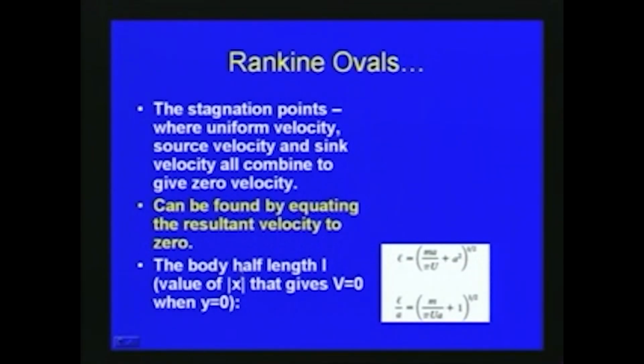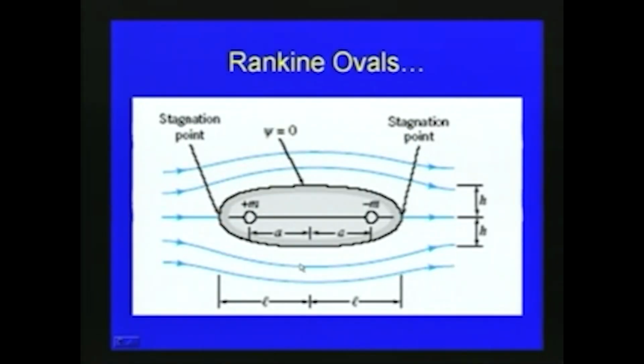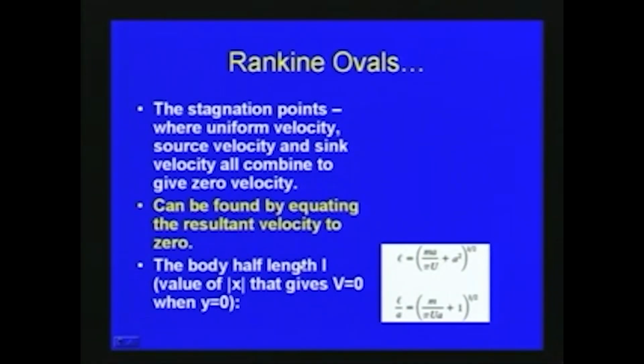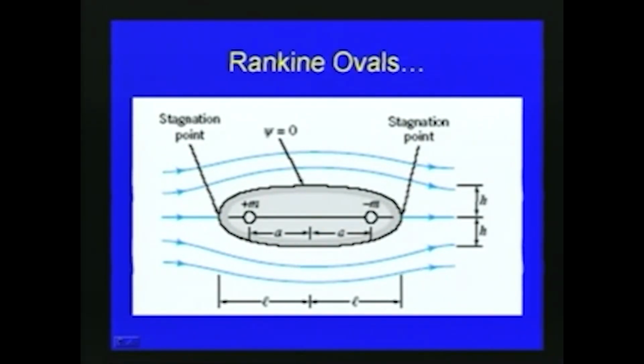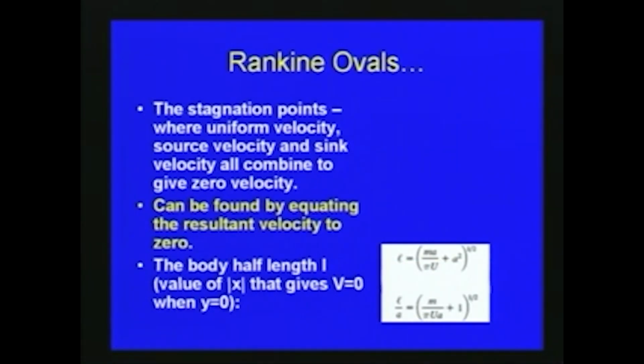So that we can find the body half length L, the value of x that gives v equal to 0 when y is equal to 0, since we are defining this L with respect to the stagnation point, where the velocity is 0.